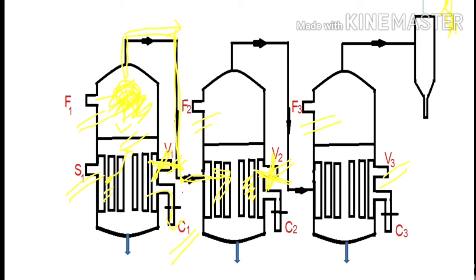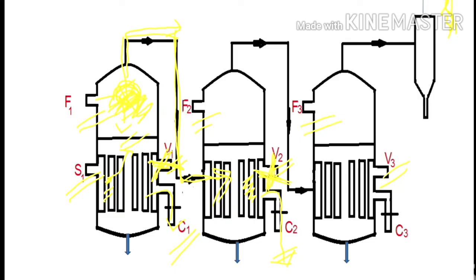The vapor from the first evaporator transmits its heat to the second evaporator and undergoes condensation. The condensate is removed through the C2 valve.